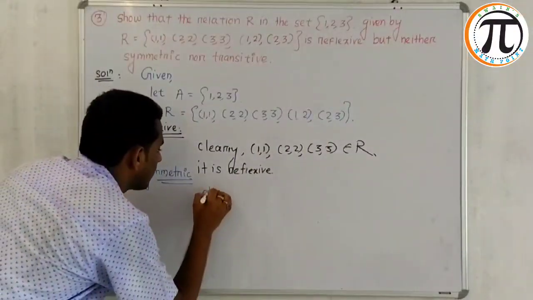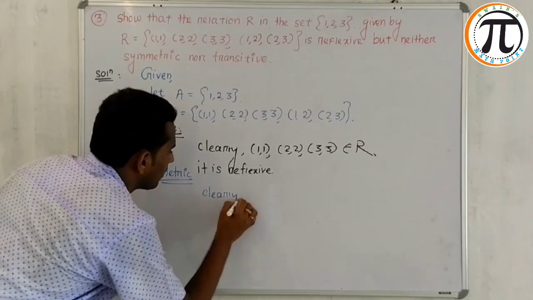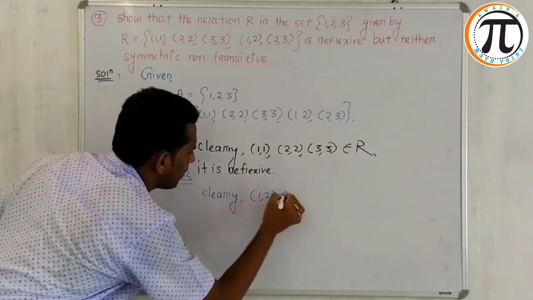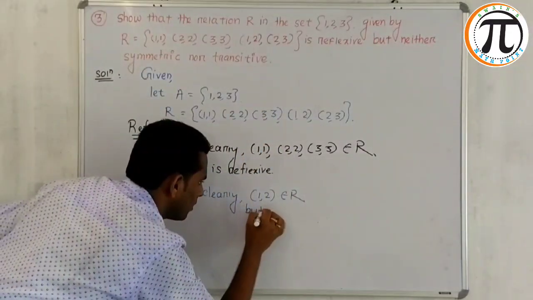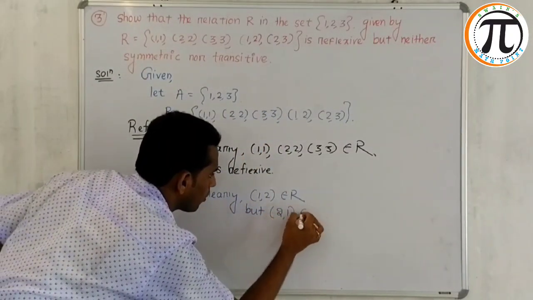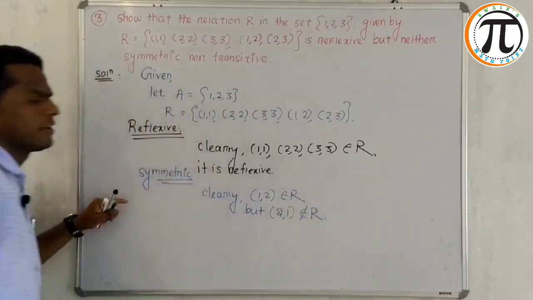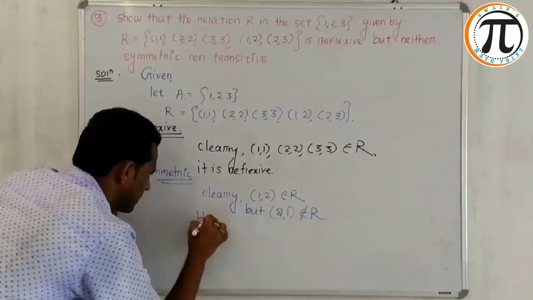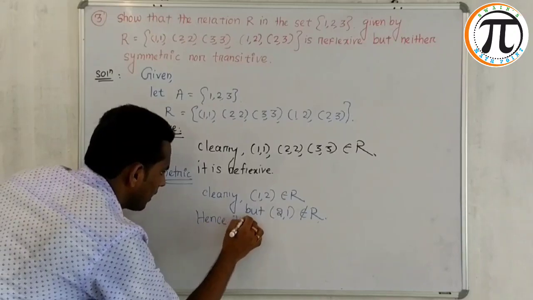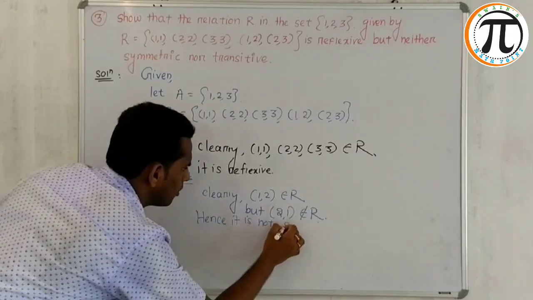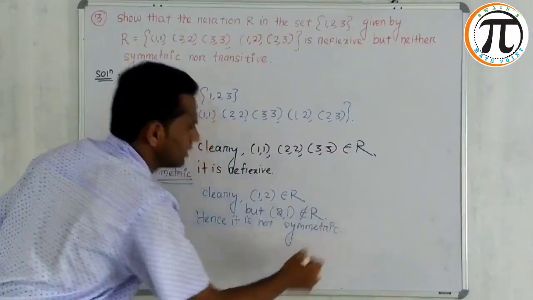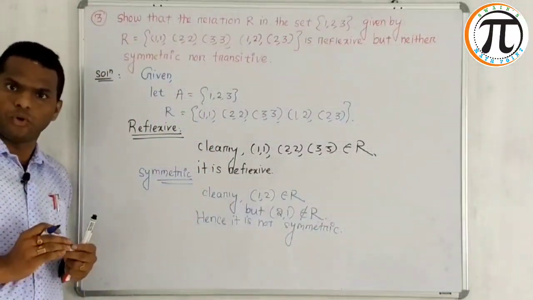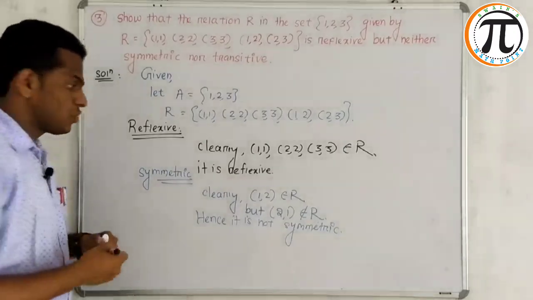So clearly (1,2) belongs to R but (2,1) does not belong to R. Hence it is not symmetric.